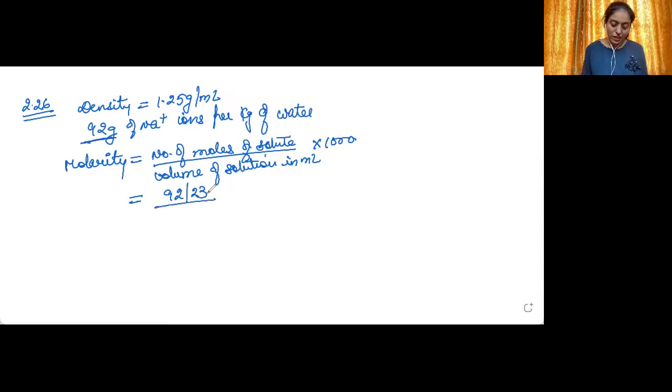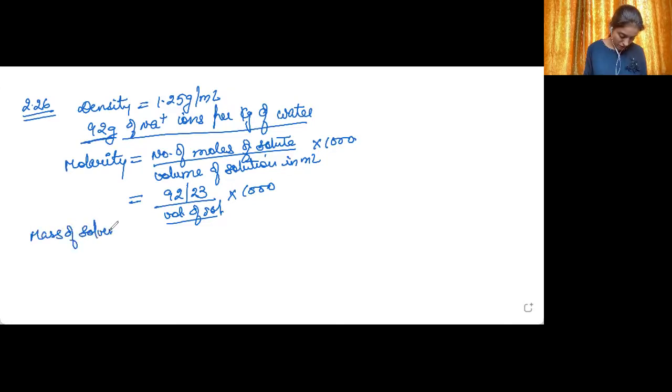Volume of solution in ml. That has not been given to us. Okay, we need to know how we can find it out. First of all, just see this one. 92 gram of sodium ions per kg of water. Mass of the solvent has been given. So mass of solvent is equal to 1000 gram.